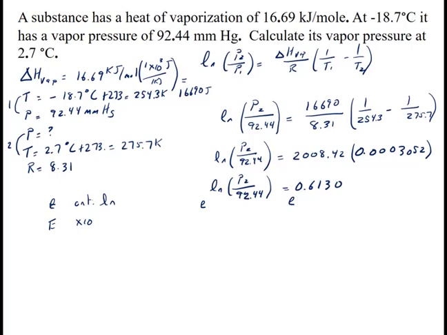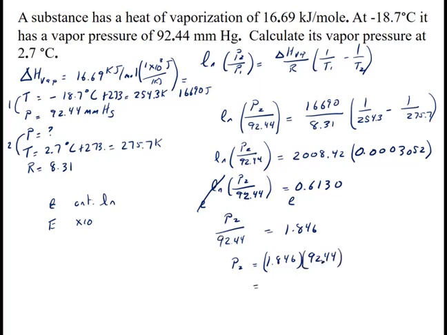When I do that, it gets rid of the natural log, so I'm just left with P2 over 92.44. When I do it to this side, I get 1.846. And now I need to solve for P2, so P2 is 1.846 times the 92.44.